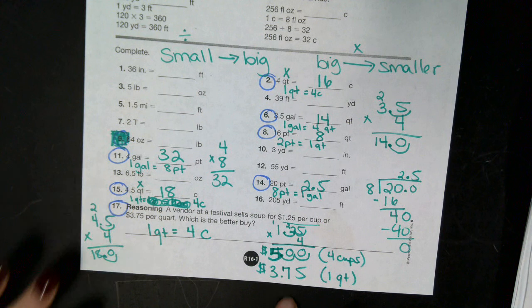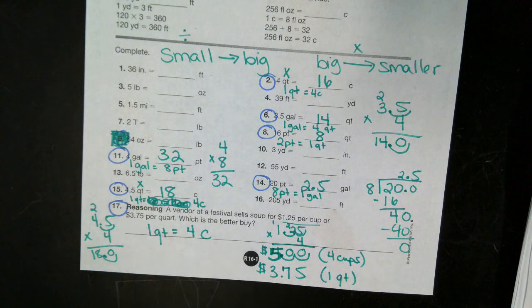Buying the quart. So this is similar to what my family does. Let's say we go to Zaxby's or Chick-fil-A, and instead of getting everybody their own cup of sweet tea, what could I do instead? I could get a gallon of sweet tea.